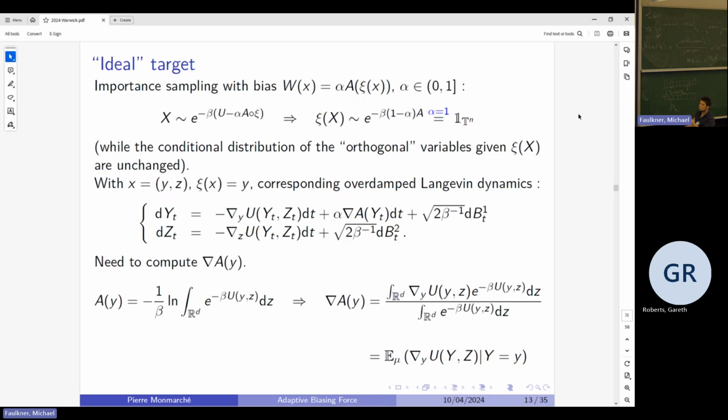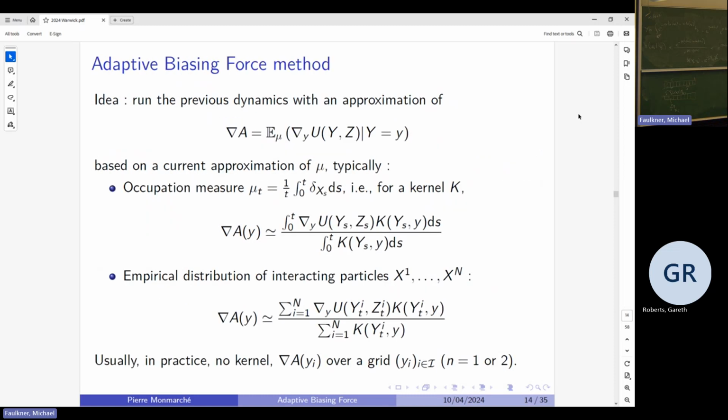So in terms of complexity, it's essentially peanuts. The increase in complexity with respect to just doing the Langevin dynamics is very small. You don't have to compute new gradients, because what you compute here you have to compute for the Langevin dynamics anyway. So it's not much more expensive.